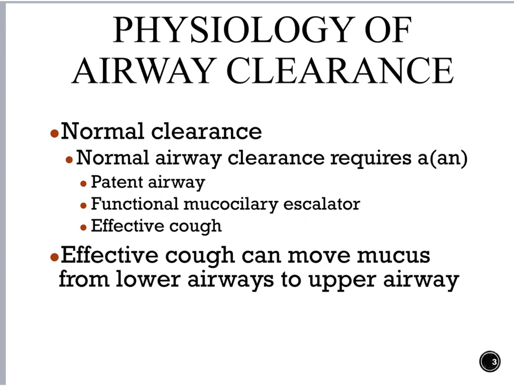Okay, so normal airway clearance. Know your normals. Always know your normals. Normal airway clearance requires a patent airway, so an open airway. If a patient does not have a patent airway, that's when we provide that airway, whether it's an endotracheal tube or trach.